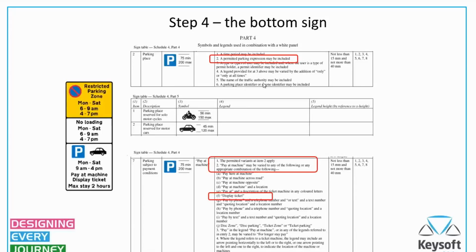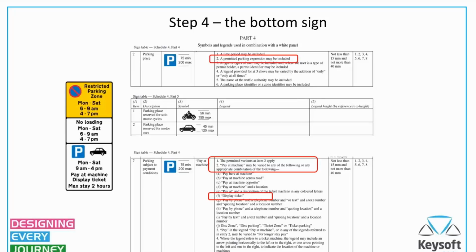Okay. So the only other thing I was going to mention on that was a lot of these symbol sizes just seem to mention minimum and maximum, and they're all in millimetres. And I know when we do the sign design in KeySign, we tend to use stroke width. But that sort of information, again, is taken out of the TSRGD, and you'll find that in the traffic signs manuals.